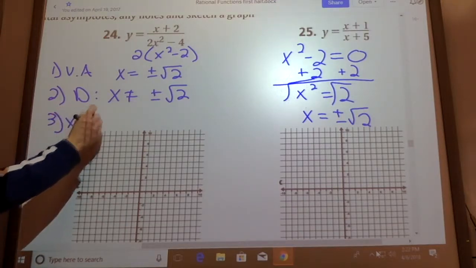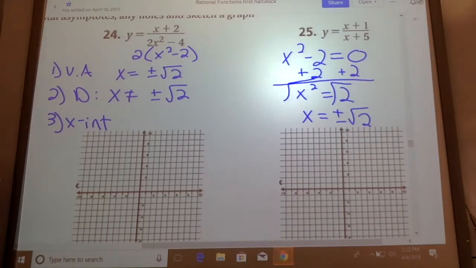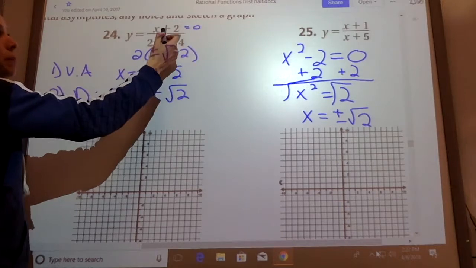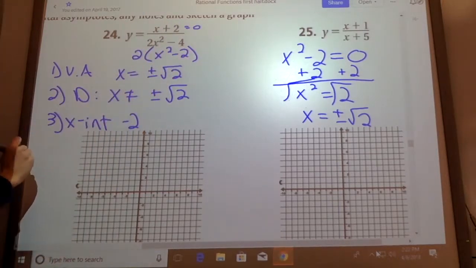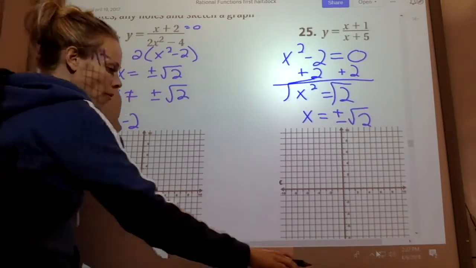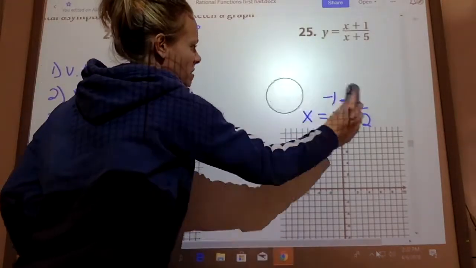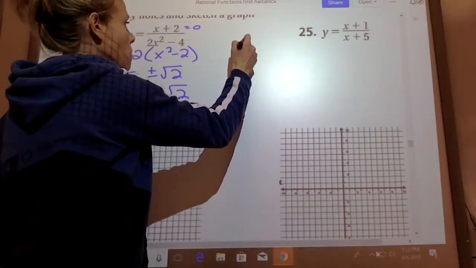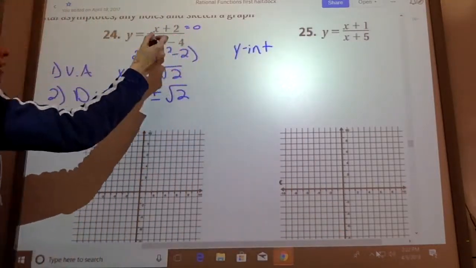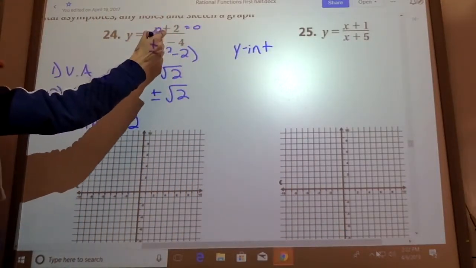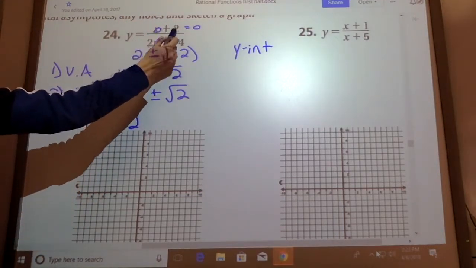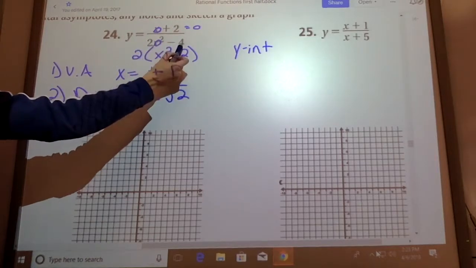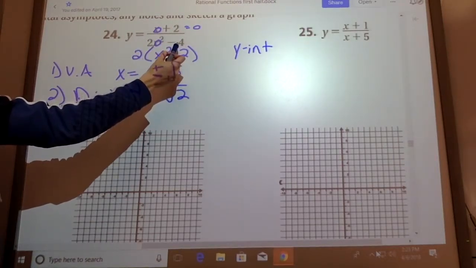X-intercept is what? How do I find x-intercept? You set the top equal to 0. What plus 2 gives me 0? Negative 2. Y-intercept, how do I find a y-intercept? You put 0 in for x. What happens if I put 0 in for x and solve? What do I get? 2 divided by negative 4, which would be a negative 1/2.